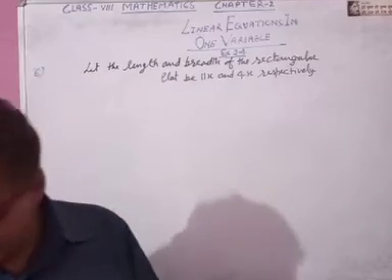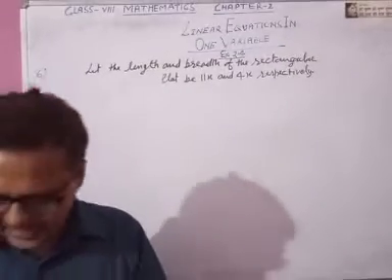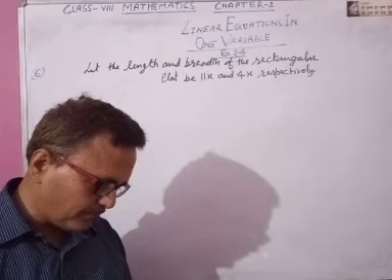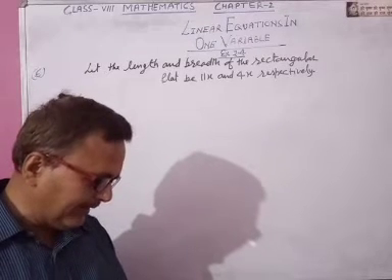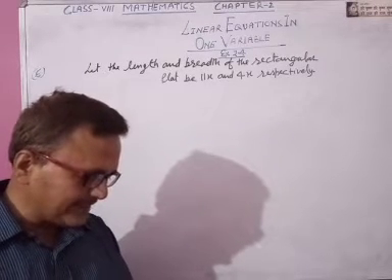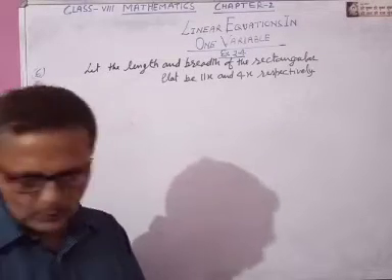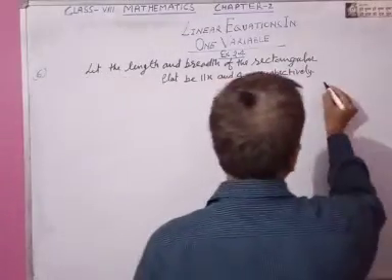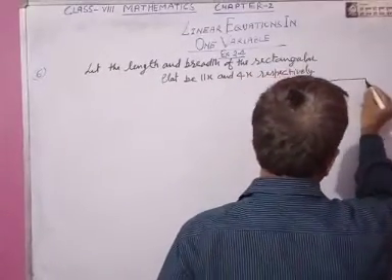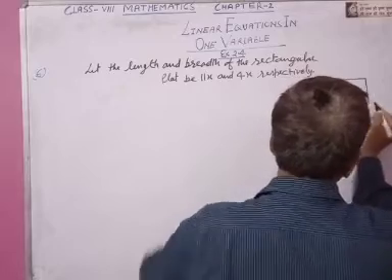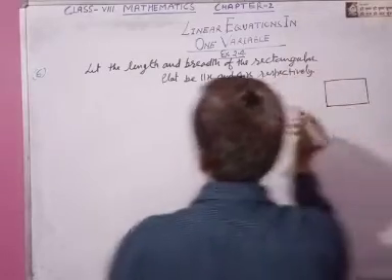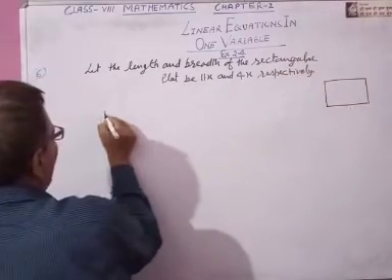And it is said that at the rate of 100 rupees per meter, it will cost the village panchayat rupees 75,000 to fence the plot. The plot is rectangular. To fence means the perimeter of the plot.